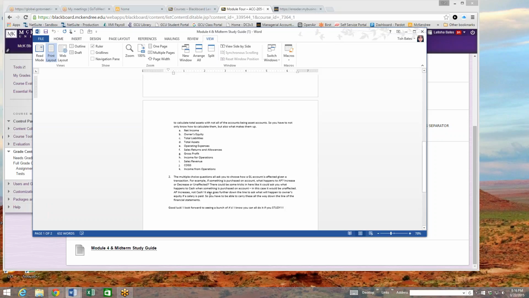It also goes further down the line to ask what will happen to owner's equity if salary is paid. So you have to be able to carry these all the way down the line on the financial statement. In that case, if you pay a salary, obviously owner's equity is going to decrease, because you don't have as much equity in your company after you pay out the salaries, right?